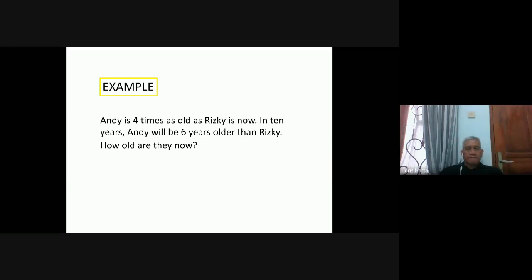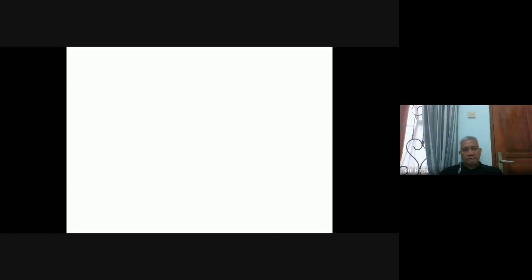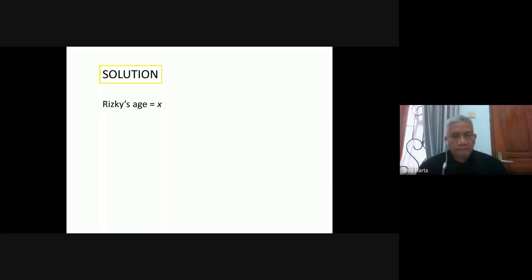From this question, we should use a variable for Rizky's age and determine the symbolic representation of Andy's age with the same variable. So we have Rizky's age equal x, where x represents Rizky's age.